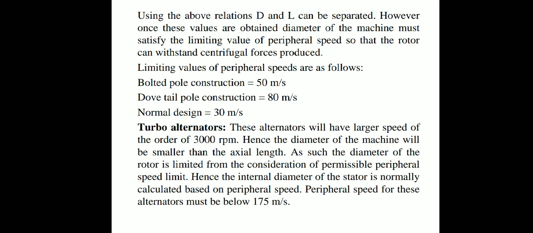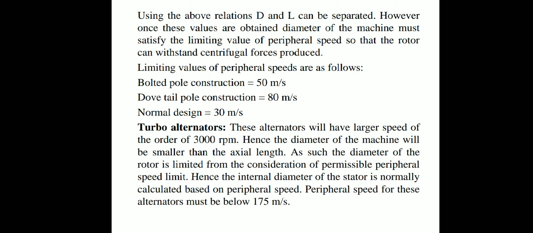Using the above relations, the main dimensions capital D and capital L can be separated. However, once these values are obtained, the diameter of the machine must satisfy the limiting value of peripheral speed so that the rotor can withstand the centrifugal forces produced.